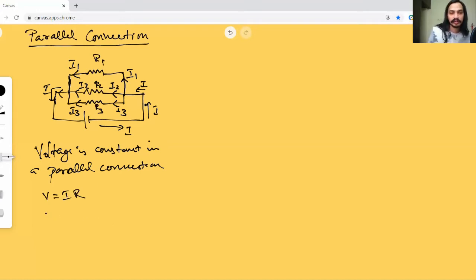I know V is constant, and I just know that I and R are changing. So V equals I1 R1. I also know that V equals I2 R2, and that V is also equal to I3 R3. Three different values for three different loads.